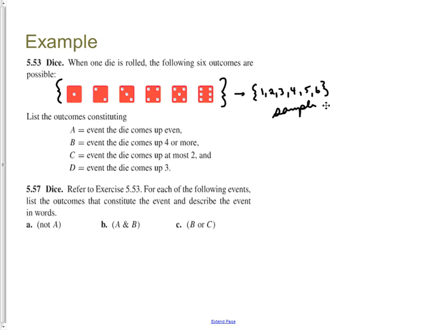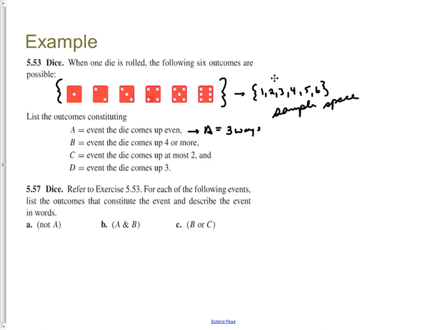And we're interested in the sample space and counting the number of ways that certain events could occur. So let's say the event A is that the die comes up even. Well, how many ways can event A occur? Well, we know that event A occurs in 3 ways.